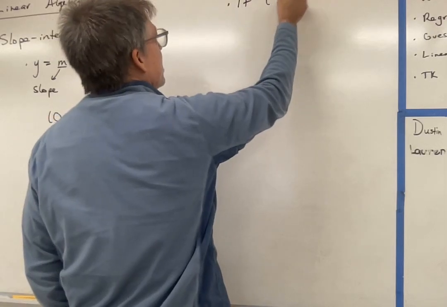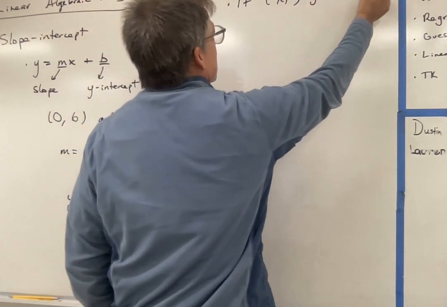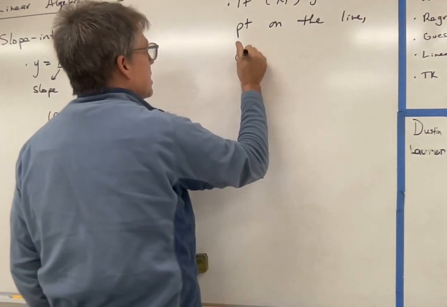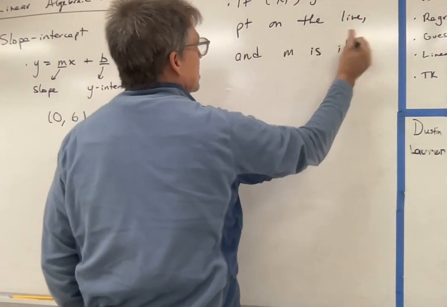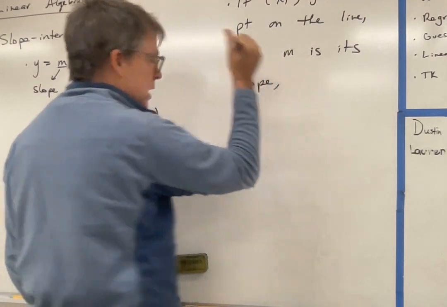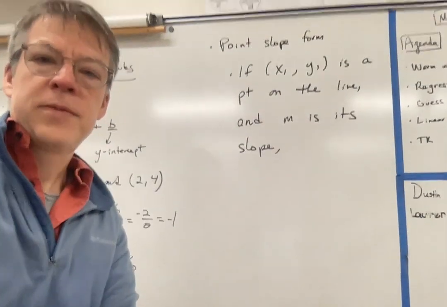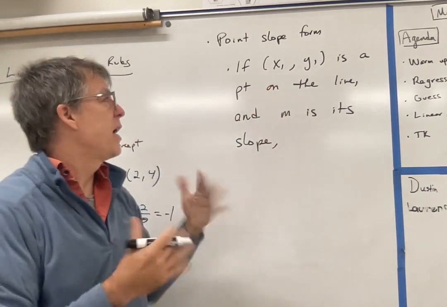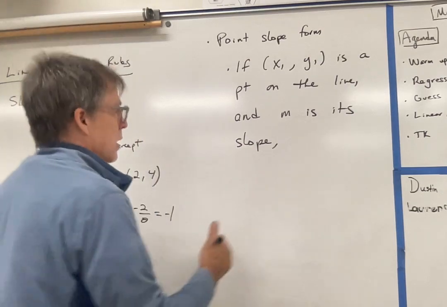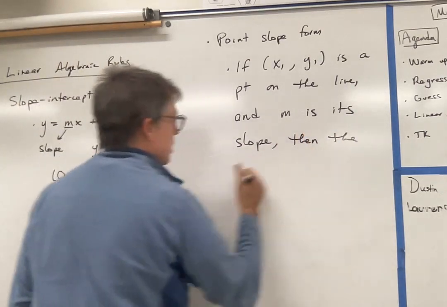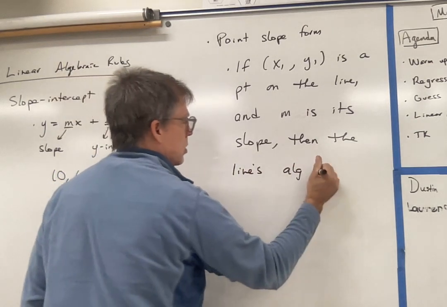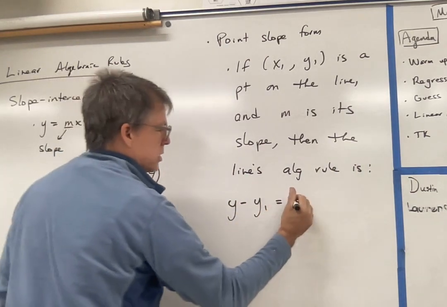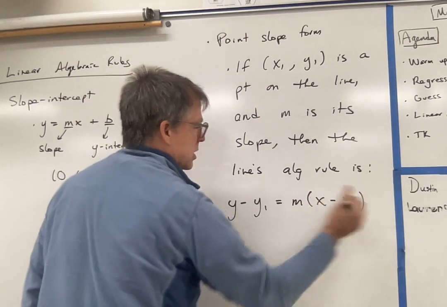If x1, y1 is a point on the line, and m is its slope, and notice I did it as subscripts, that's how you usually see it, x sub 1, y sub 1, then the line's algebraic rule is y minus y1 equals m times x minus x1, Shazam, okay?